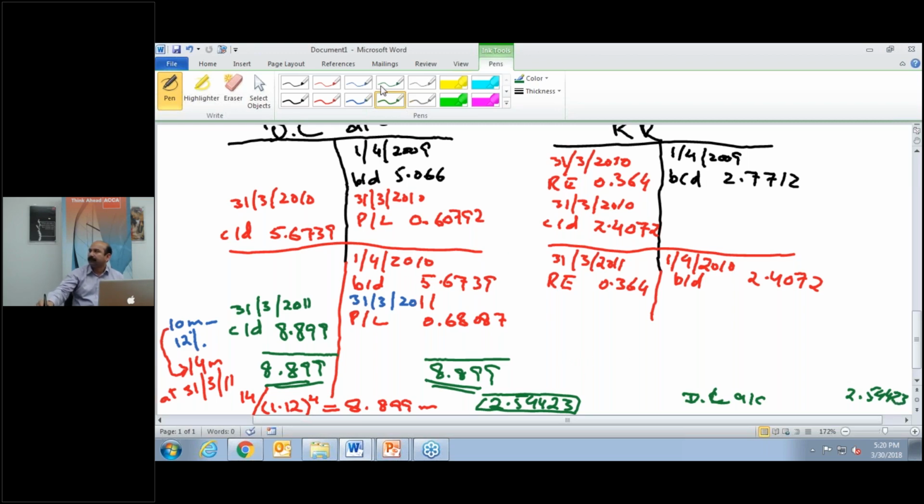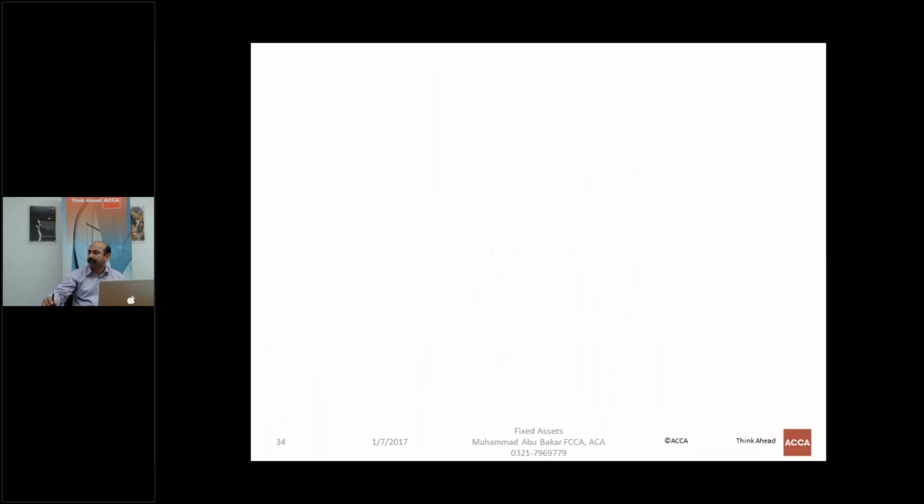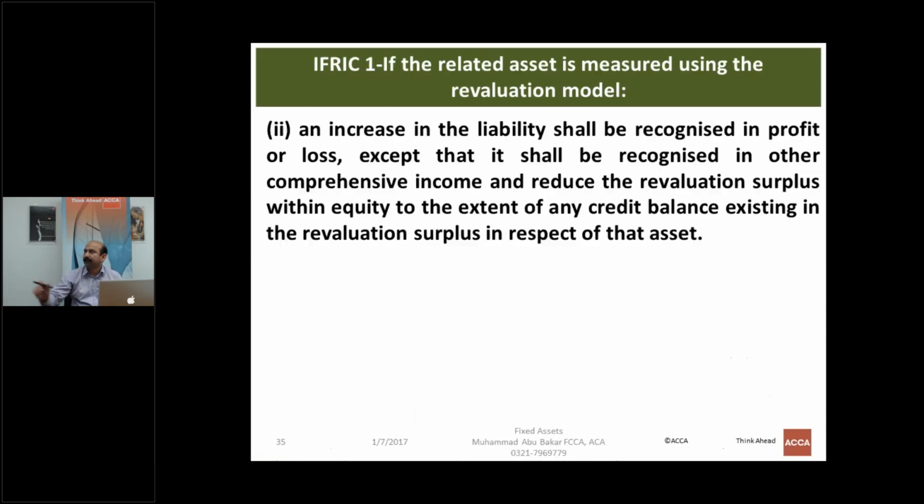And what about debit? For debit, we can go back to our slide. Our slide says, if there is an increase, it shall be recognized in profit or loss, except that it shall be recognized in other comprehensive income and reduce the revaluation surplus, because there is a revaluation surplus.